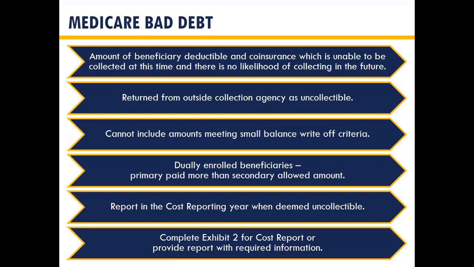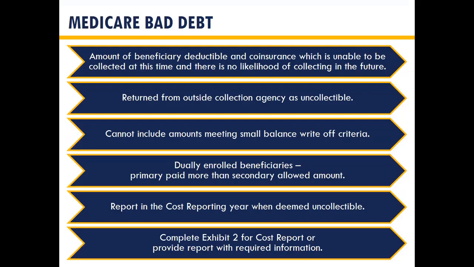It includes issuance of a bill or statement upon discharge or death of the beneficiary to maybe an estate or the financially responsible party. It must involve the same statements, collection letters, phone calls, and use of an outside agency for all payers. Where a collection agency is used, Medicare expects the provider to refer all uncollected deductibles and coinsurance and patient charges of like amounts to the agency without regard to the primary payer.